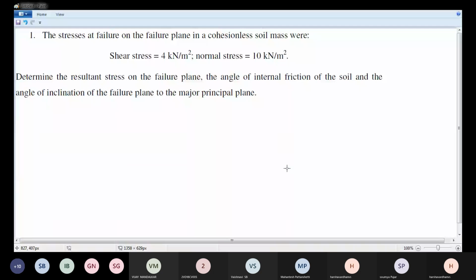The stress at failure on the failure plane in a cohesionless soil mass where shear stress was equal to 4 kilonewton per meter square, normal stress is equal to 10 kilonewton per meter square. Determine the resultant stresses on the failure plane, angle of internal friction, and the angle of inclination of the failure plane to the major principal plane.